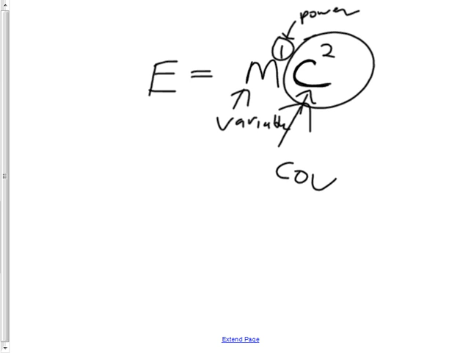It's just a number like 12. The 1 is the power because that's the power on the variable. The variable is m. C is the speed of light, which has never changed. It's just a number. It's not varying. So that's the variable. Since that's the variable, that has to be the power.